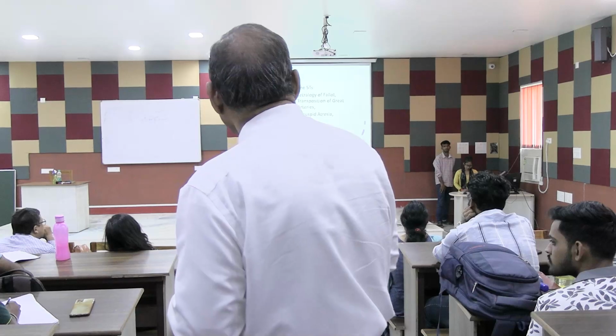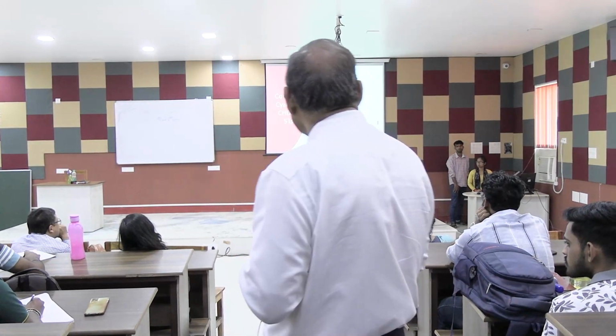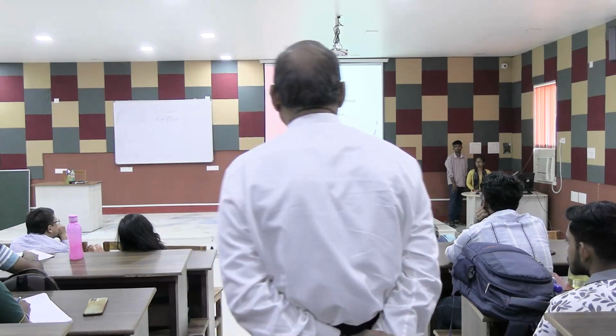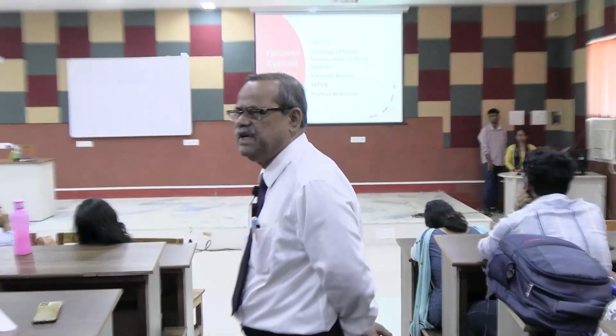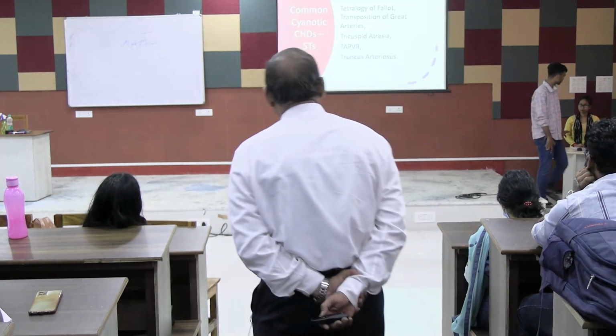And total anomalous pulmonary venous return, TAPVR, is another example of cyanotic heart disease, where all the pulmonary veins drain into the right atrium or superior vena cava or inferior vena cava, whatever it may be. Normally the pulmonary veins drain into the left atrium, pure blood draining into the left atrium.